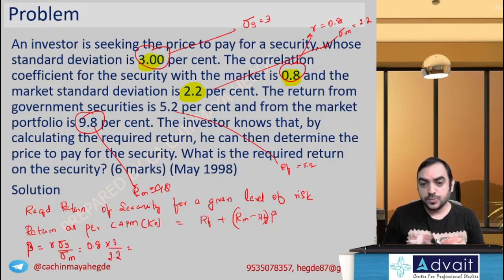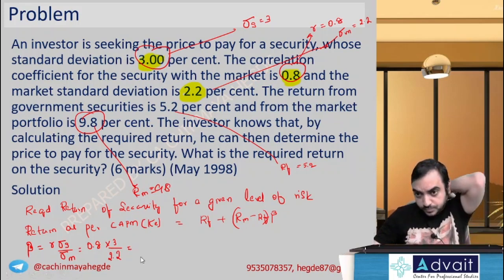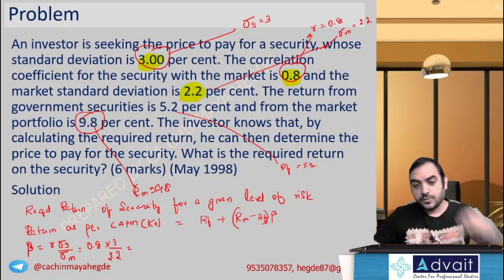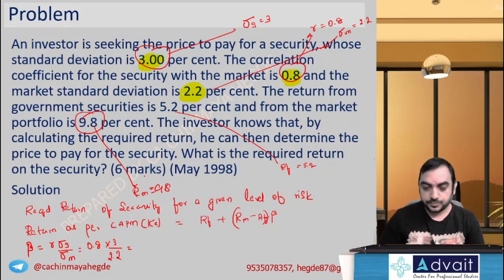How much does that come to? 0.8 into 3 by 2.2 is 1.09. Okay, 1.09. So let's compute the cost of equity now using this formula.